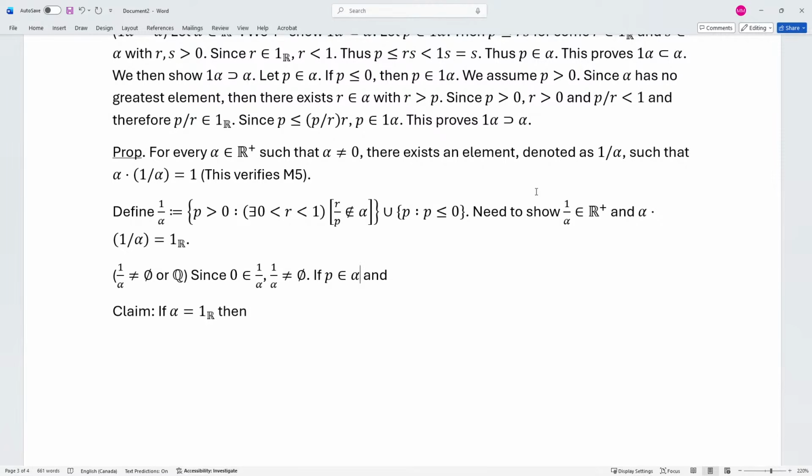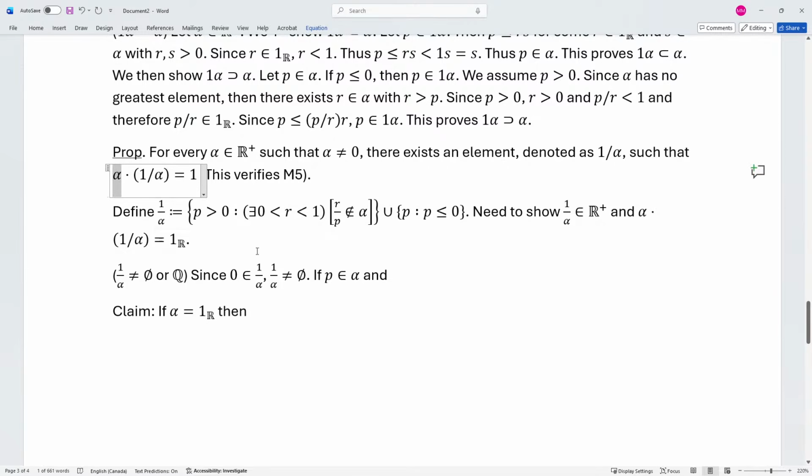Here we need to show this is never 1R, right? So we don't want to show that 1 over alpha is not Q for some alpha; we want to show this is never Q. So this has to be a generic alpha.